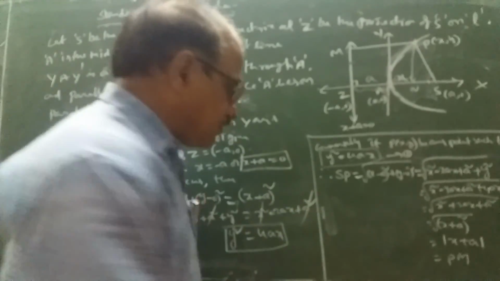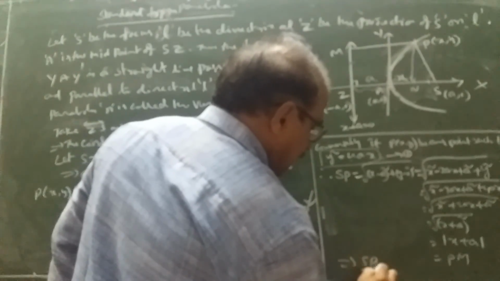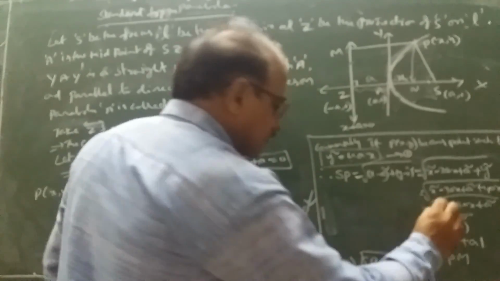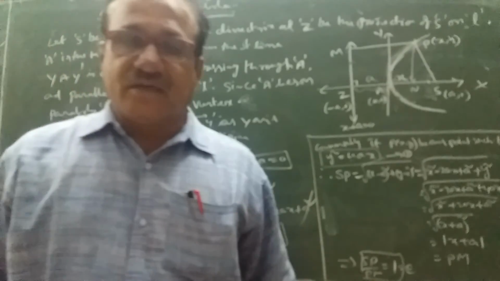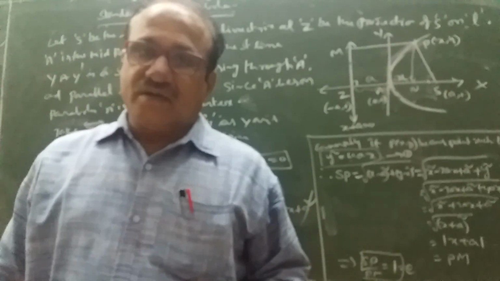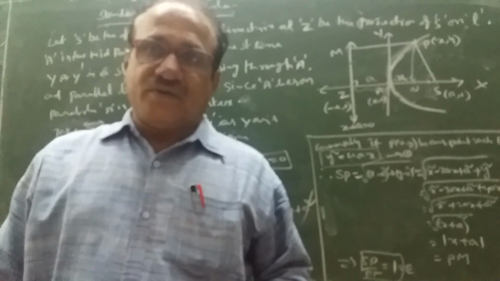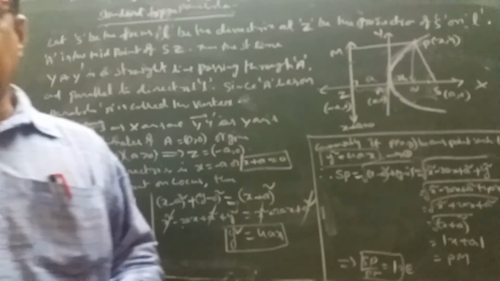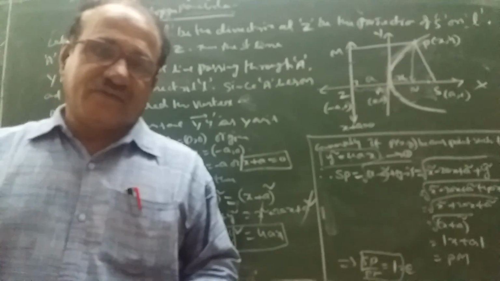That means SP is equal to PM, so SP by PM is equal to 1, which is e. So that is the definition of parabola. It satisfies. So sufficient and necessary conditions are true, both are there in this proof.